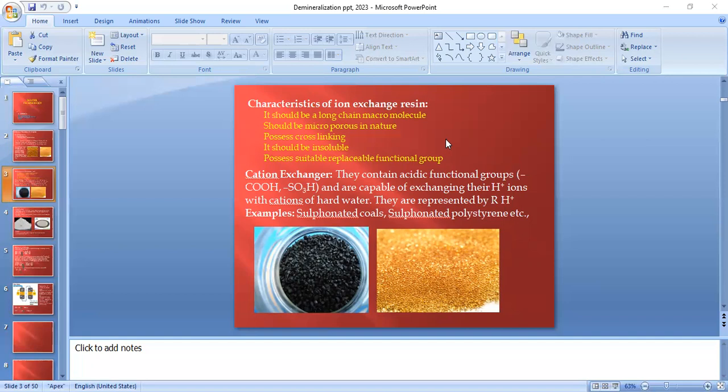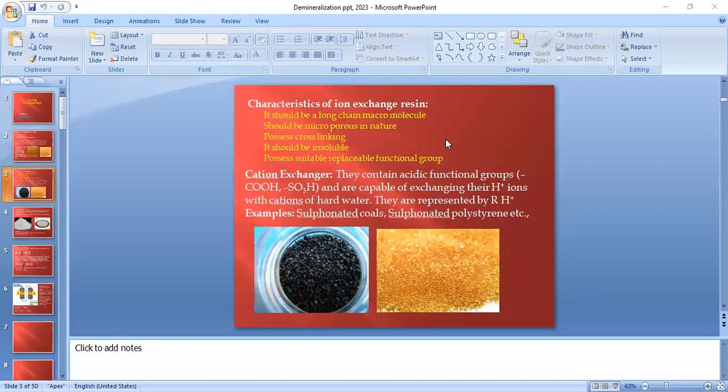It is microporous in structure, that is, it has fine pores on its surface, and it involves cross-linking, is an insoluble solid substance, and has replaceable functional groups. On the basis of ions present in the resins, they are classified into cation exchange resins and anion exchange resins.